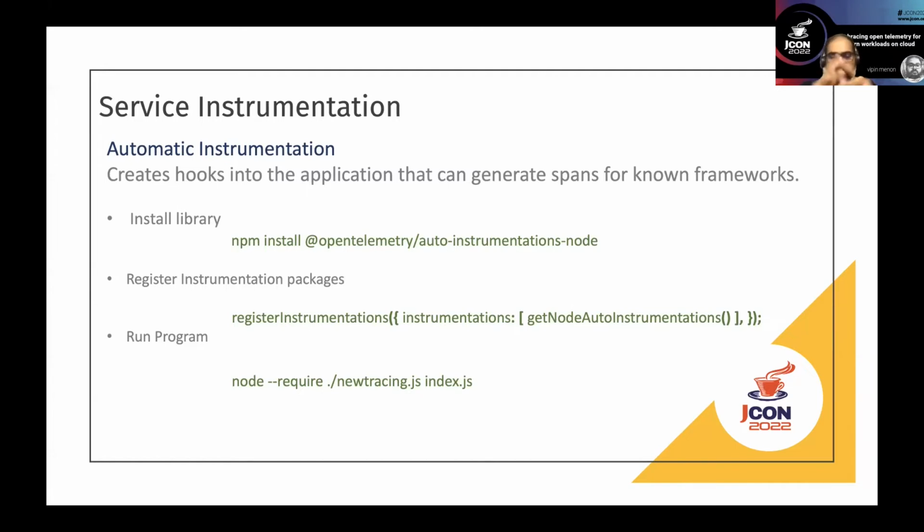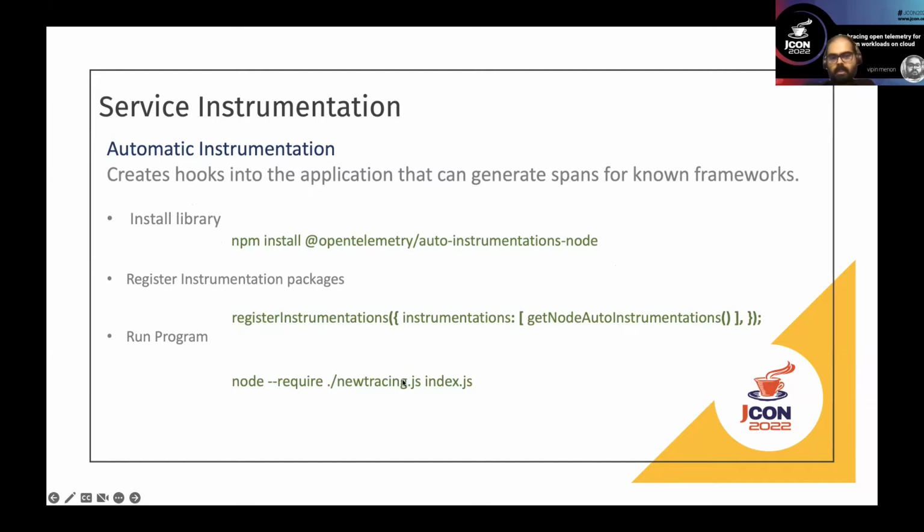I will definitely show you in a demo how that is achieved by OpenTelemetry. As I have shown here, these are just the three steps that you will be doing to inject OpenTelemetry into your application. You don't make any changes to your application.